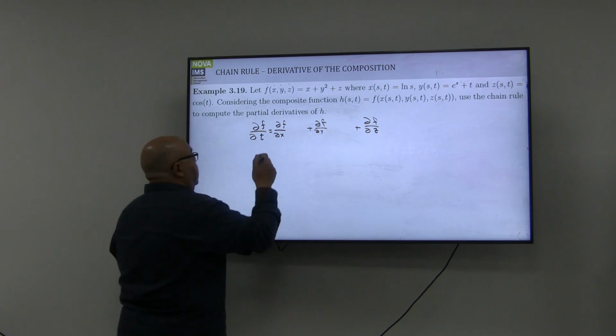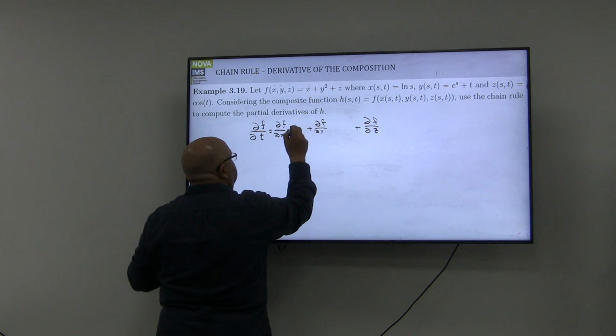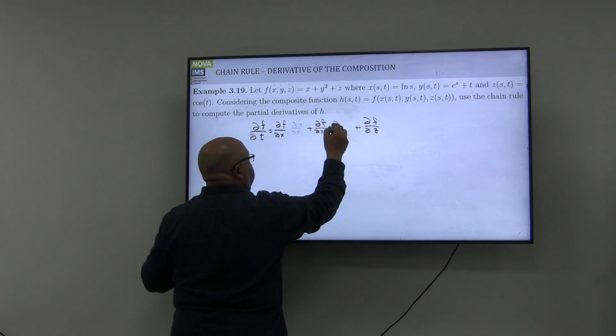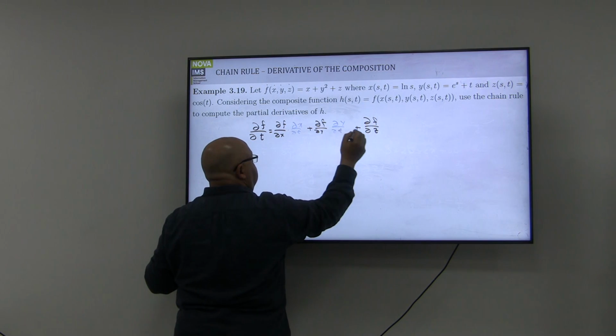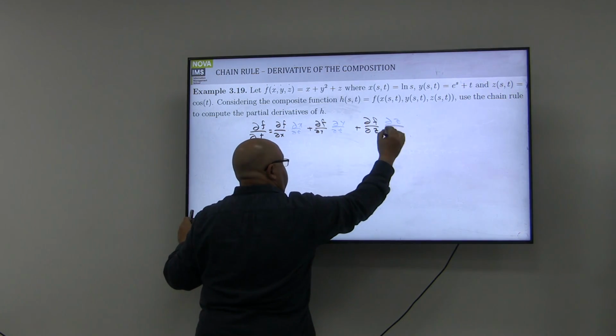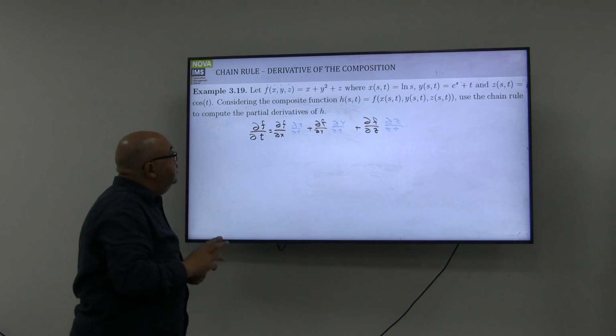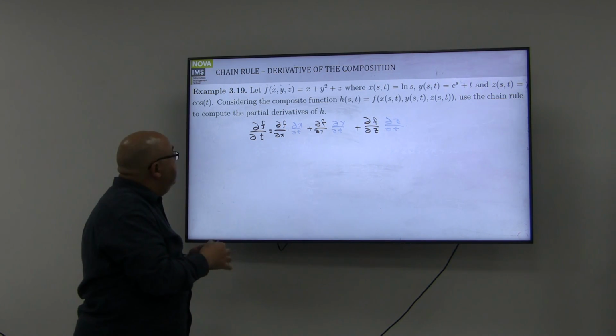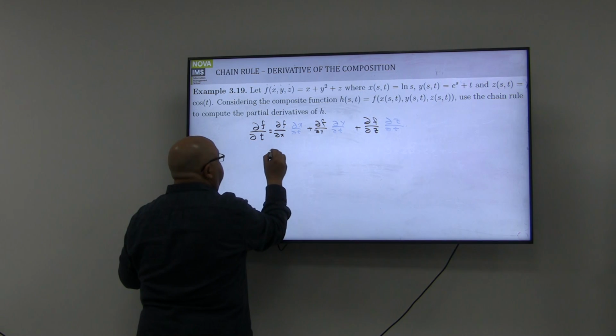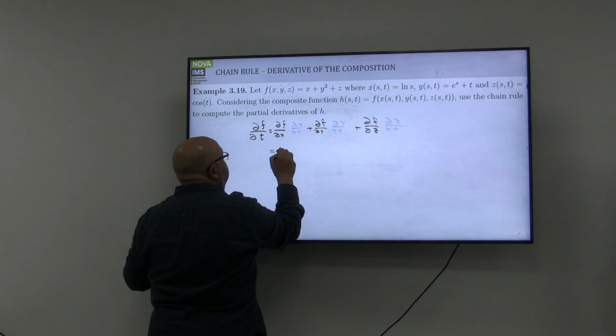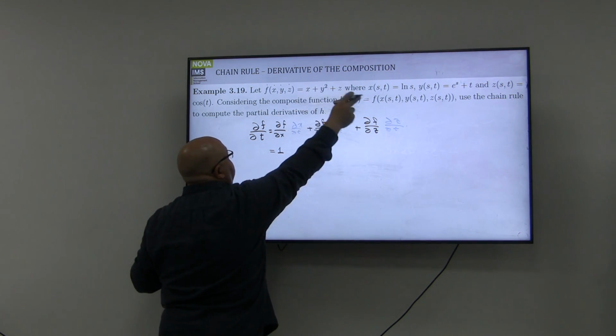So I will multiply times partial x, partial t, partial y, partial t, partial z, partial t, as you can see. The main derivatives, the black ones, will come from the main function. So simply it's going to be 1, then plus differentiating with respect to y.